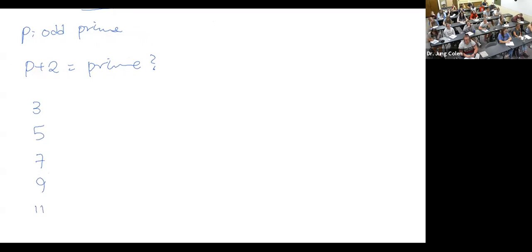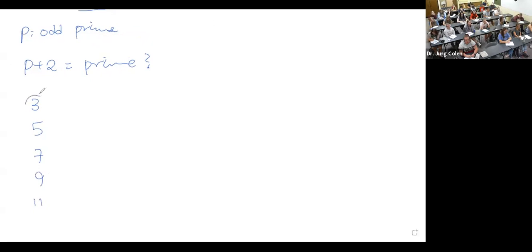If we plug in 3, is it an odd prime? Yes, so we can check that. 3 plus 2 is 5. That is a prime, so it's not a counterexample. How about 5? 5 is an odd prime, so it's a good candidate. How about 5 plus 2? It's 7, a prime, so it doesn't give us a false statement there.